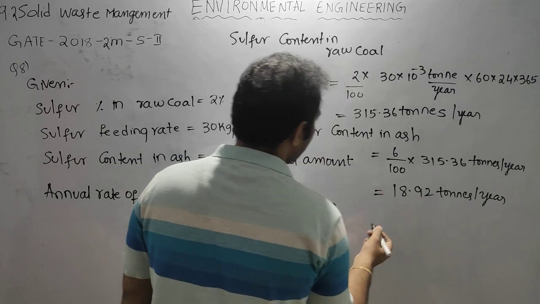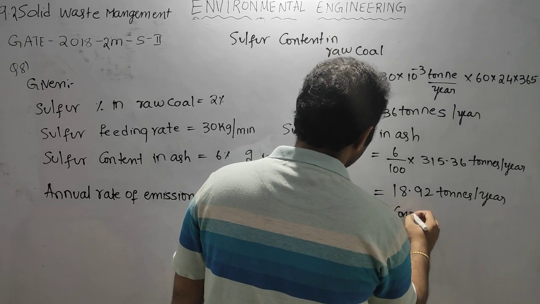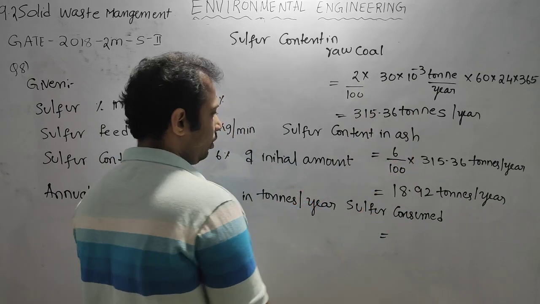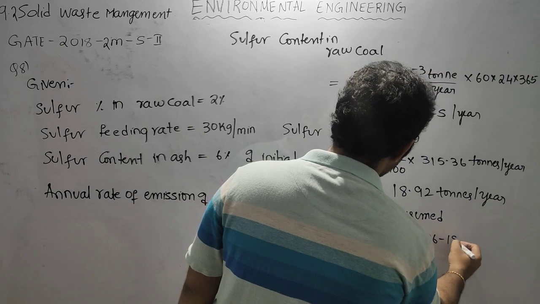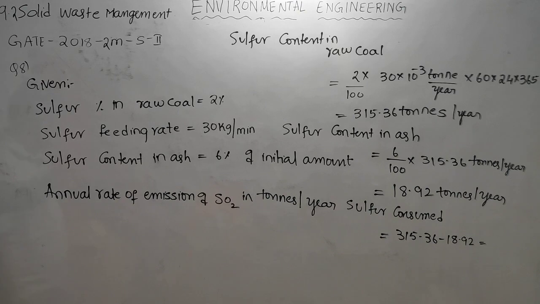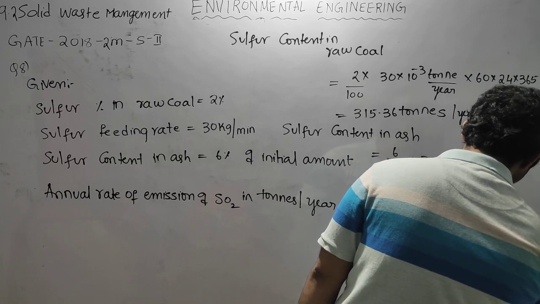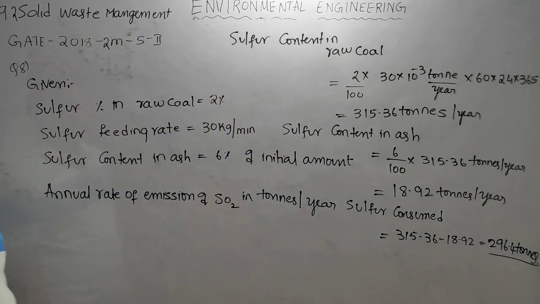Sulfur consumed is equal to initial amount minus residual amount, 315.36 minus 18.92, equal to 296.4 tons. This is the sulfur consumed.